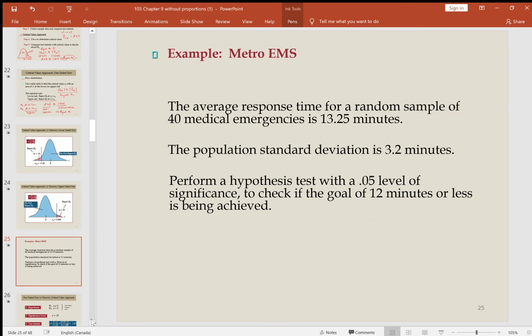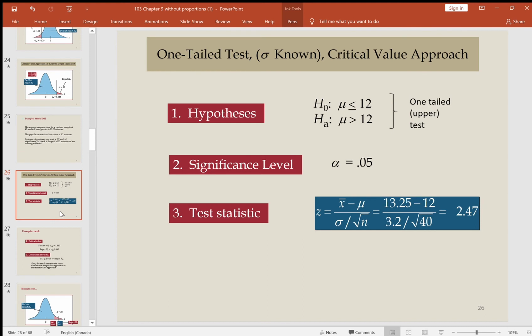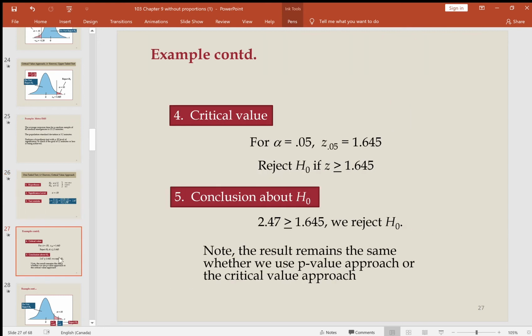Going back to the same example, these are the steps we've already discussed. We formulated the null and the alternate, and then the alpha level is 0.05, z calculated is 2.47, and for alpha 0.05, the z alpha from the table, or the critical value, is 1.645. We reject the null if z is more than or equal to the value from the table, which is the case, and so we can reject the null.